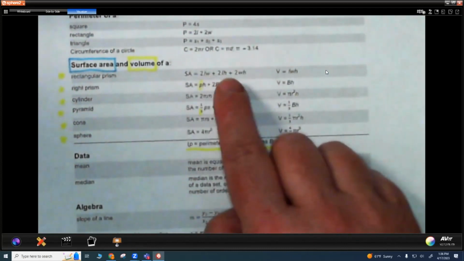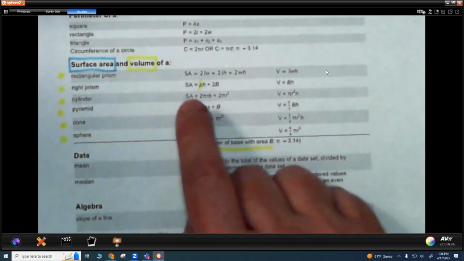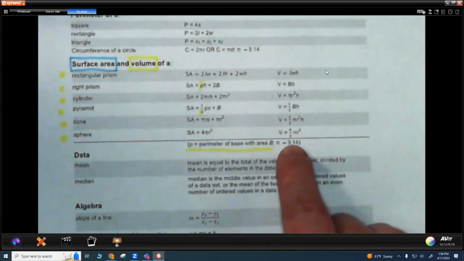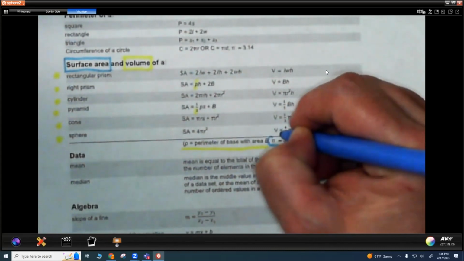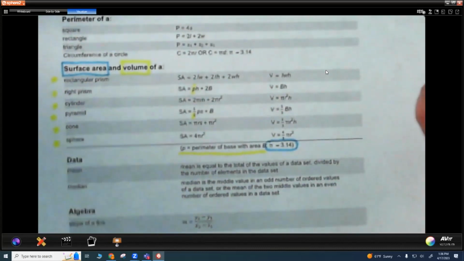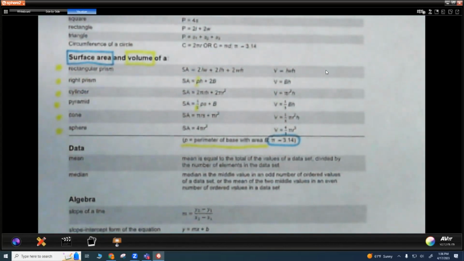So if you see that in your formula, hopefully you know what to look for. Our friend pi is making an appearance. It's doing the same job as always. Whenever we see pi in our formula, we just need to replace it with 3.14 to do our calculating.